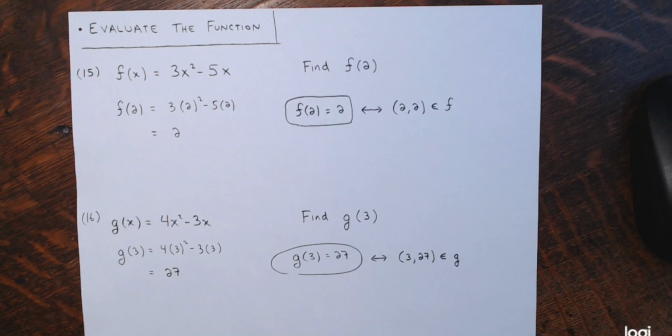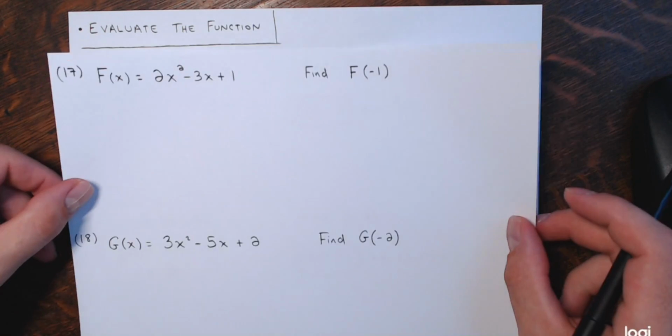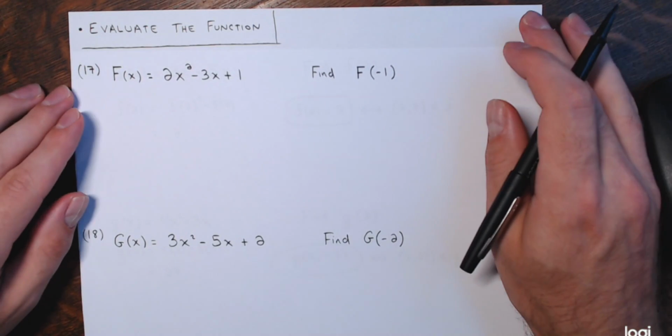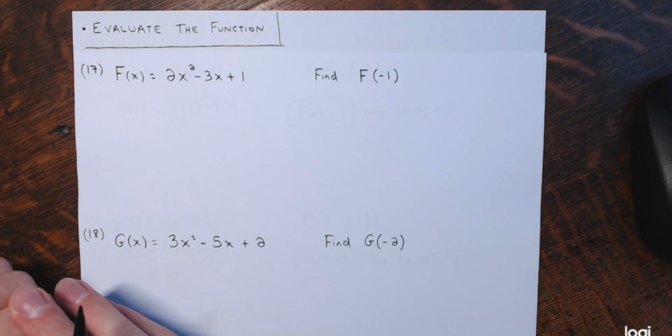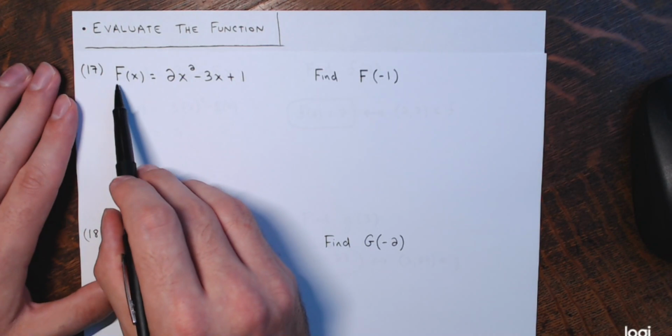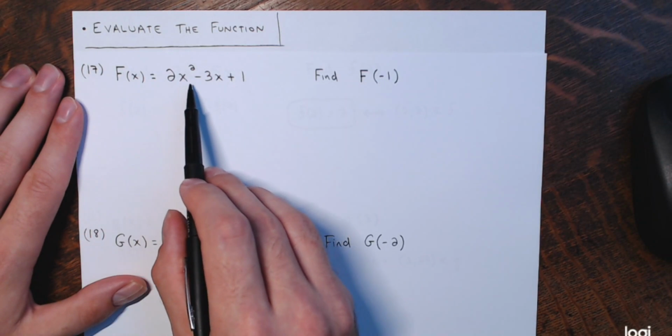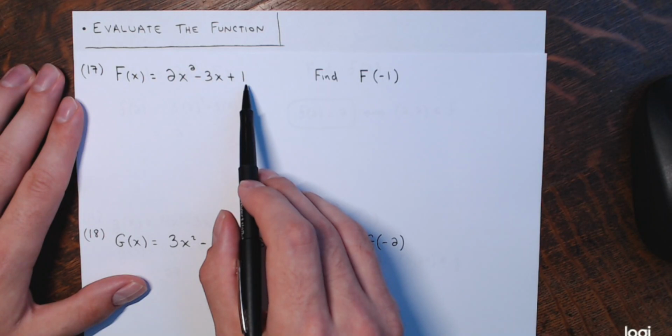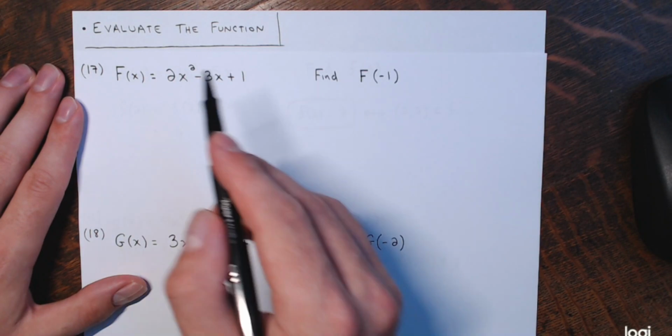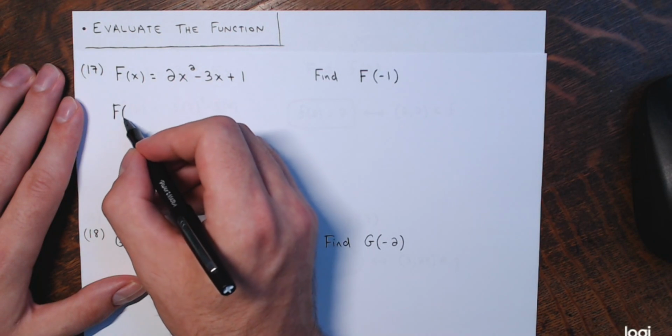Great. So continuing on with these kinds of problems. Example 17. Here we have a function called capital F. We have capital F of x, the input's x, whatever replaces x here, equals 2x squared minus 3x plus 1. And we're asked to find the value of capital F at -1.